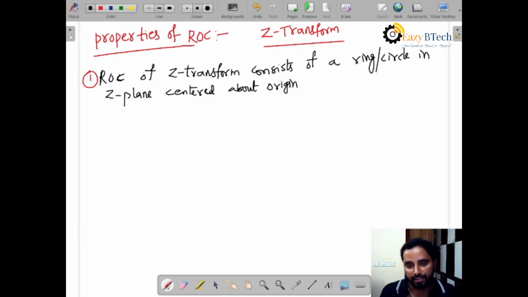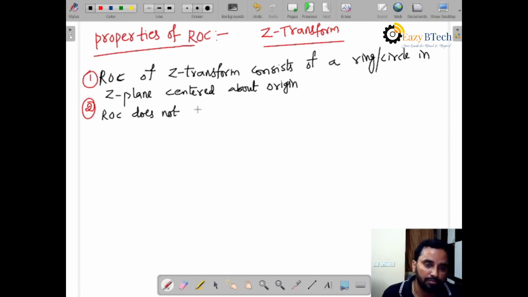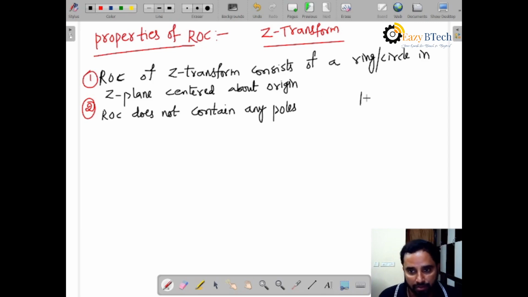Next, second one: the ROC does not contain any poles. See, in any problem, we have seen some problems. I am writing magnitude of z is greater than A, not equal, does not contain. That is the meaning.